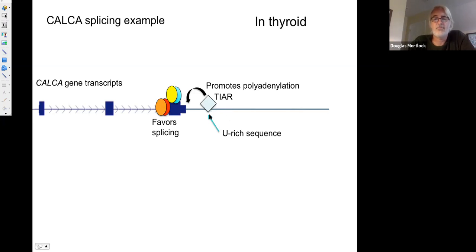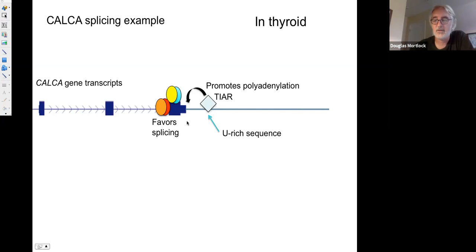There is another protein, TIAR, which binds to a U-rich sequence in the primary transcript, and this apparently promotes polyadenylation at the site just downstream of this exon. So when you put both of these together in the thyroid, we wind up splicing into this exon and then polyadenylating here, and that's it.